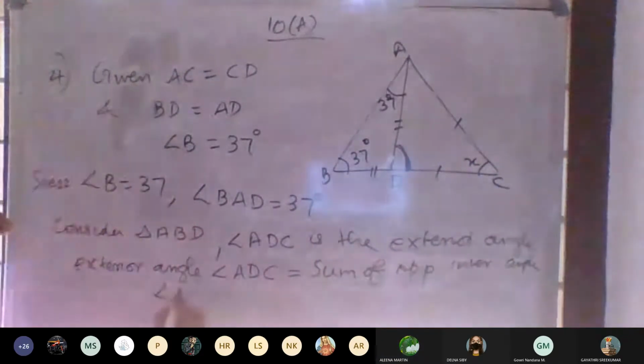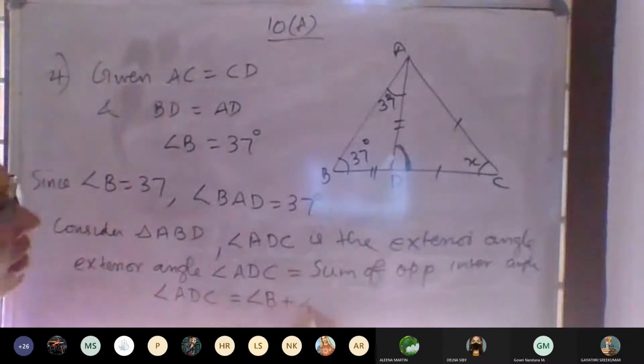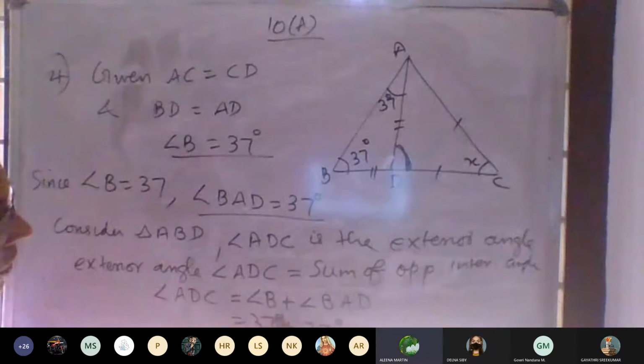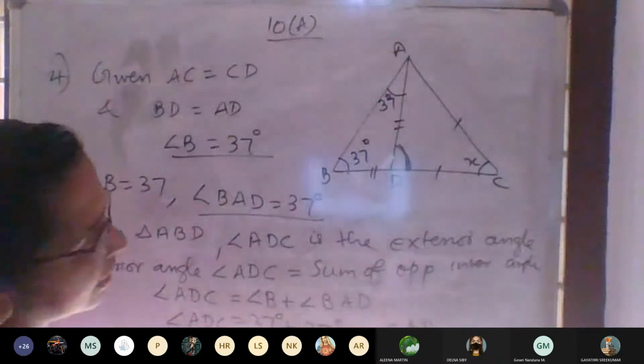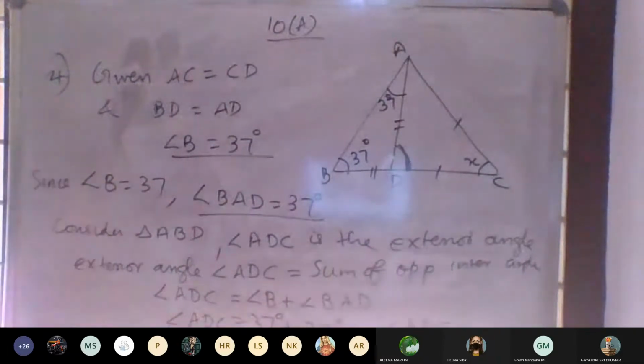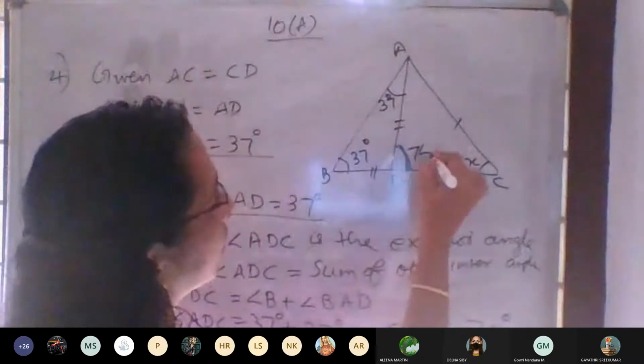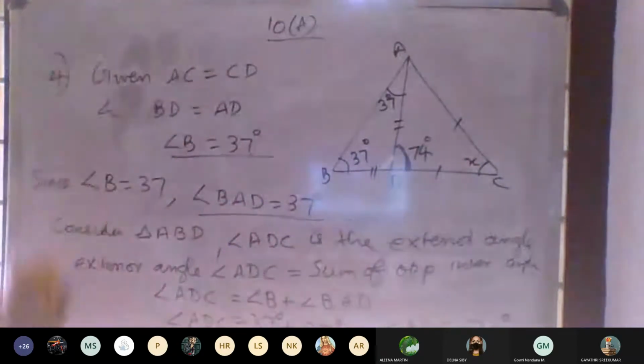That means angle ADC will be equal to angle B plus angle BAD, which is 37 plus 37. So angle ADC is equal to 74 degrees. We got this angle as 74 degrees.